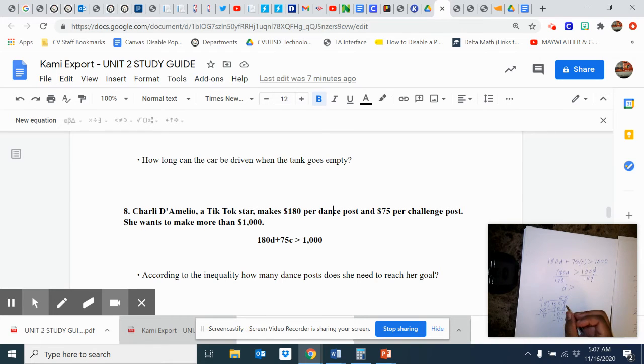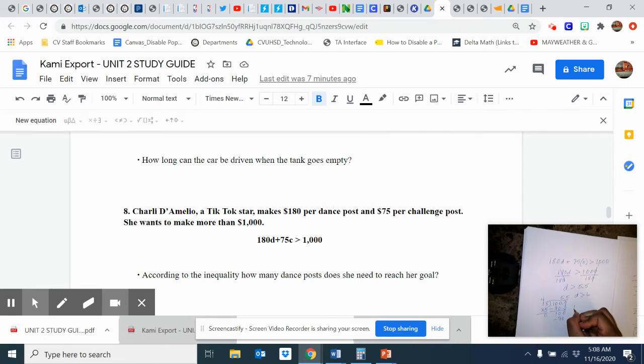It's going to continuously repeat. So for dance posts, at least around 5 or so. Her dances will be greater than that, more than 5.5. And then for dancing and posting, we would make that 5. Or I could round it up to 6.